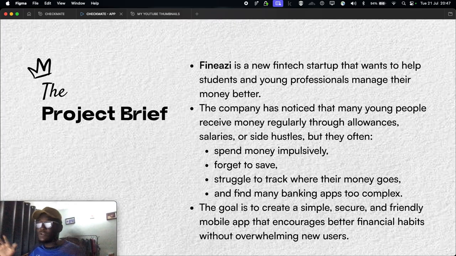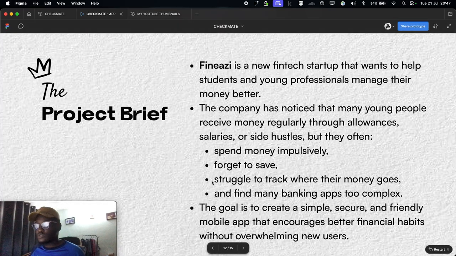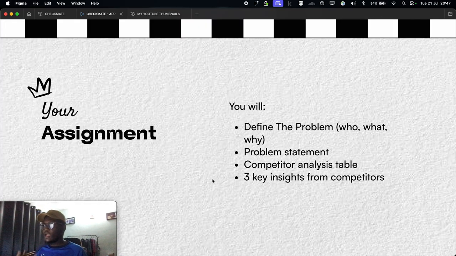So now FinEasy's goal is for you to create a simple, secure and friendly mobile app that encourages better financial habits without overwhelming new users. So in essence, what I want you to do from this is simple. I want you to define the problem, which is what we have done before. The who, the what, the why.